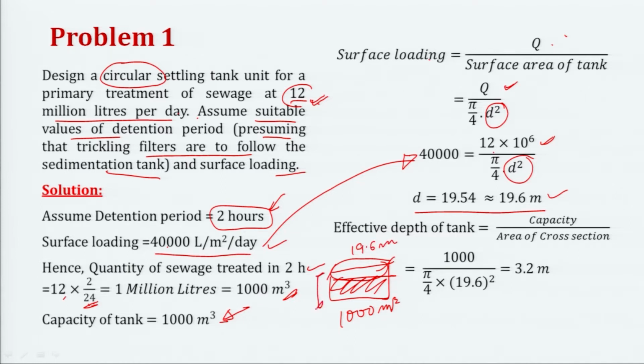Now, what you have to find out is the depth, right. The effective depth of a tank is capacity divided by the area of cross section. So, the capacity here divided by the area, right. Obviously, 1000 divided by pi by 4 into 19.6 squared, right, which works out to be 3.2 meter.